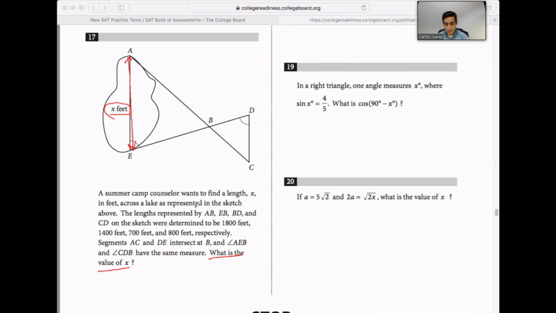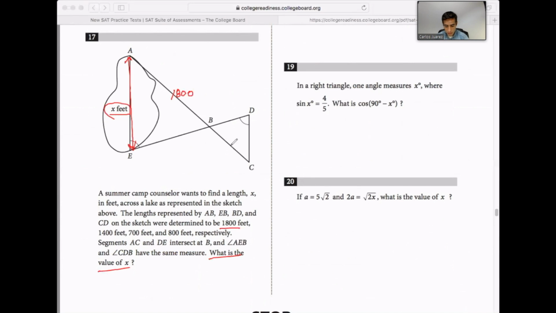The length represented by AB, EB, BD, and CD on the sketch were determined to be, and in this case you can see, if this is a math test, of course they're going to give us values, right? So it is 1800 feet, 1400 feet, 700 feet, and 800 feet, respectively. So AB is going to be 1800.